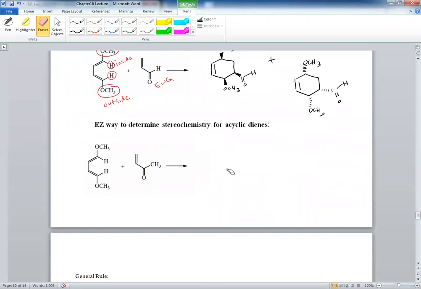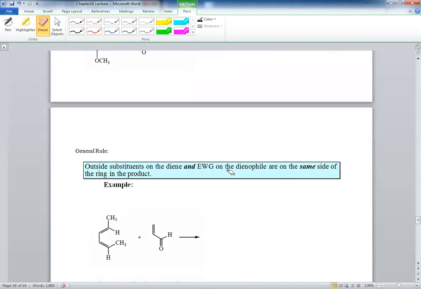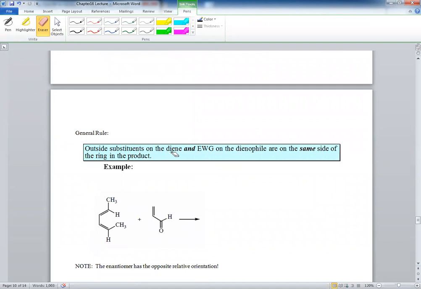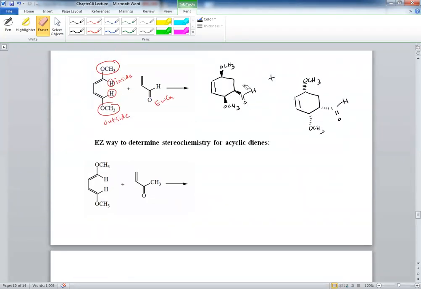And exactly, that's the general rule that I wanted to mention here: if the outside substituents on the diene and the electron withdrawing groups on the dienophile are on the same side of the ring in the product, so again, the outside and the EWG are on the same side of the ring. So you will not go wrong in drawing them all pointing out or pointing in.